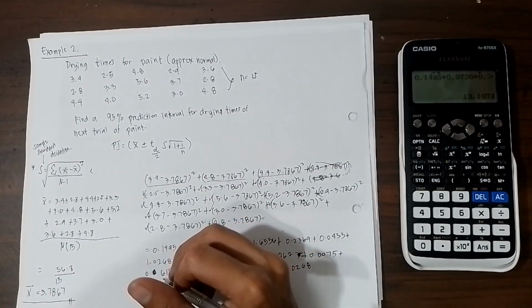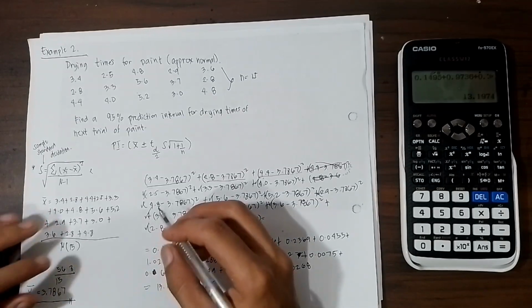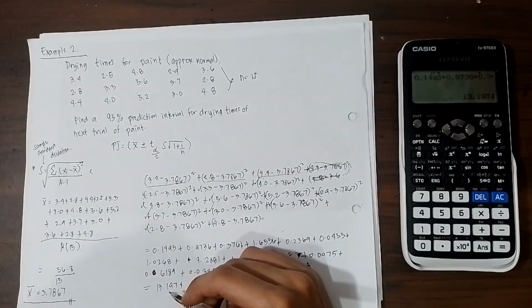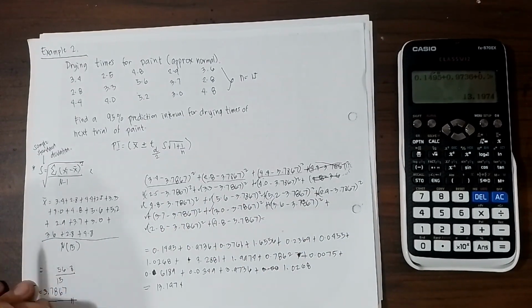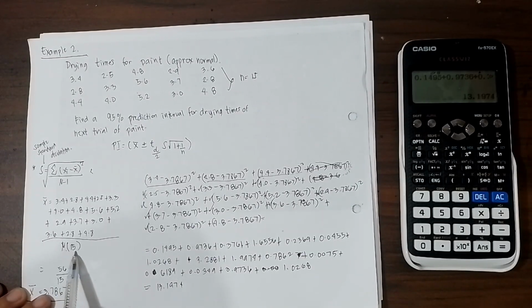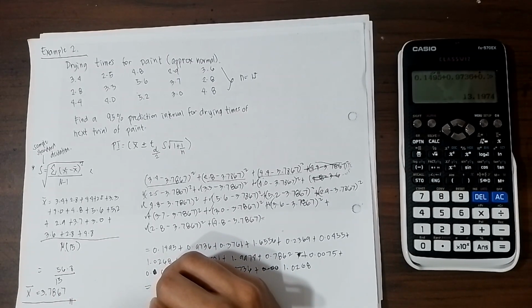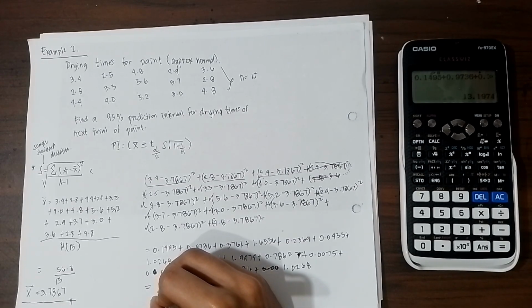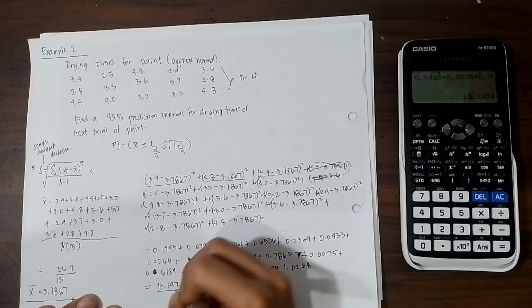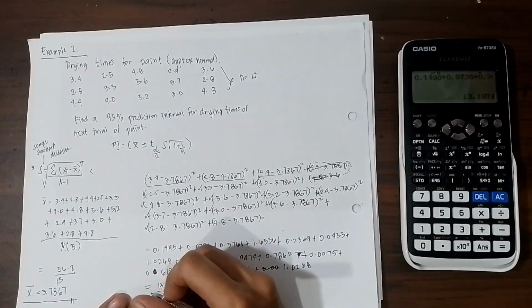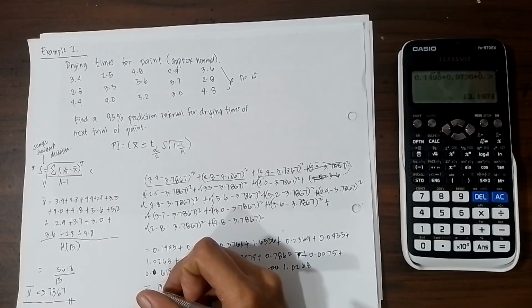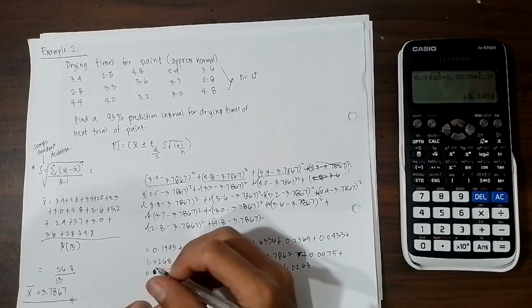So as we see in the formula, here n is 15, so we will divide by 15, but as in the formula, we're going to subtract 1.